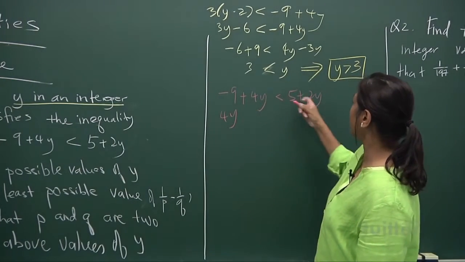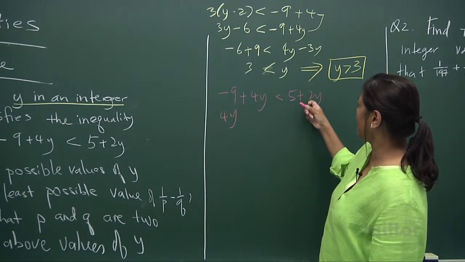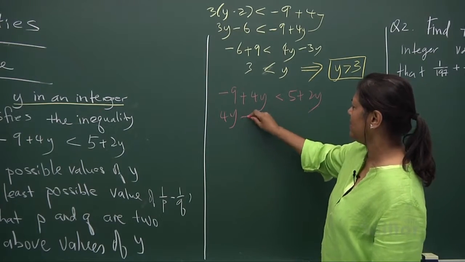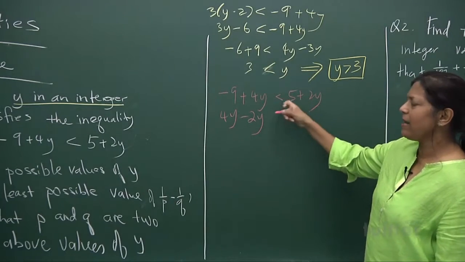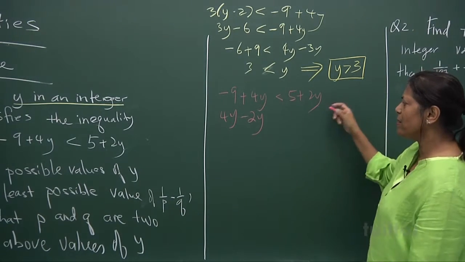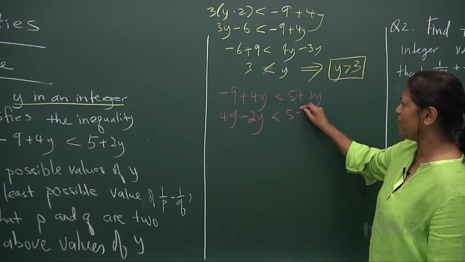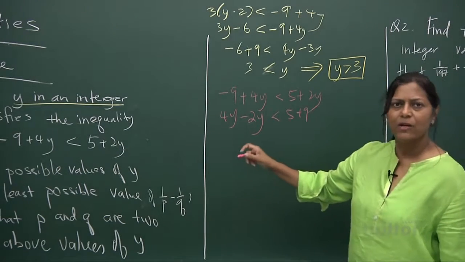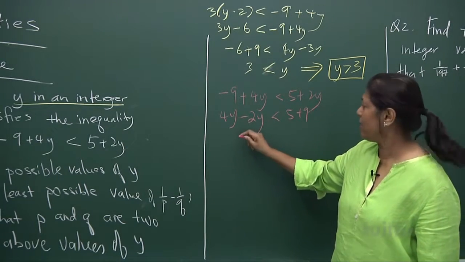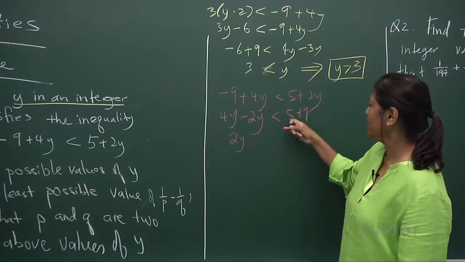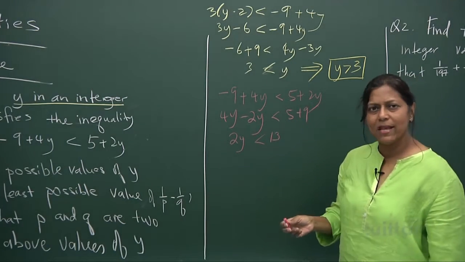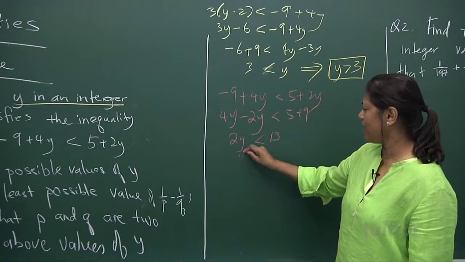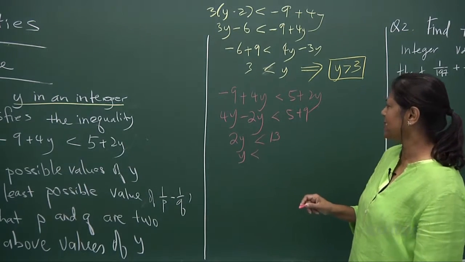Bring the 2y there, you get a plus 2y; when it comes here, it is minus 2y. And you've got a minus 9 here. Bring it over here. You get 5 plus 9. 4y minus 2y, you get 2y. 5 plus 9 is 13. What does that tell you? That y is less than 6.5.